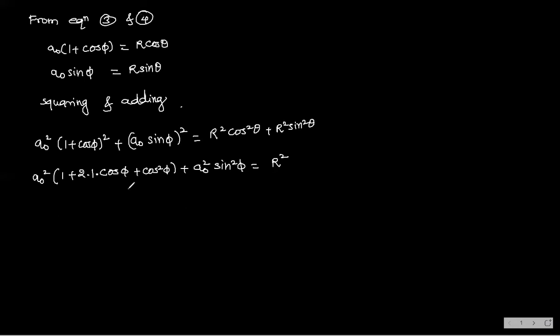Yes. Now just multiply. A naught square into 1 is a naught square, plus 2 a naught square cos phi, plus a naught square cos square phi plus a naught square sin square phi, which is equal to r square.